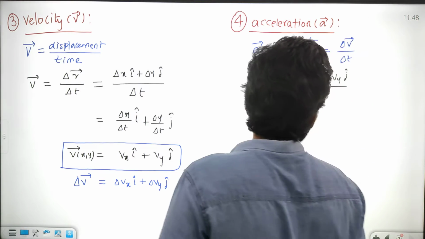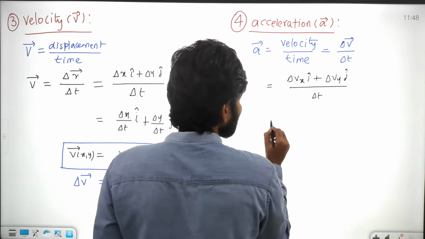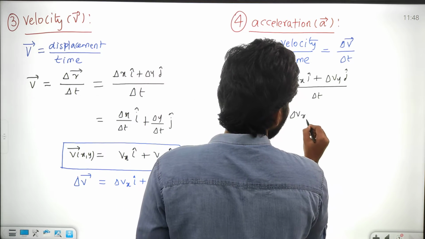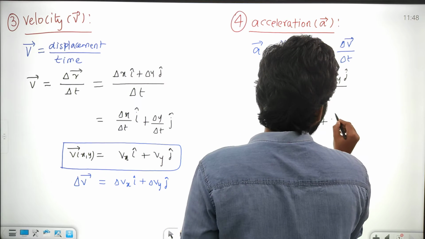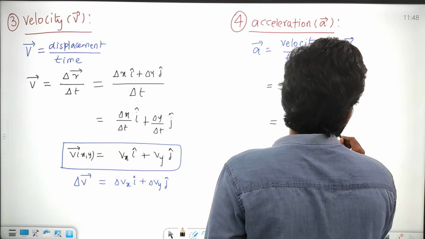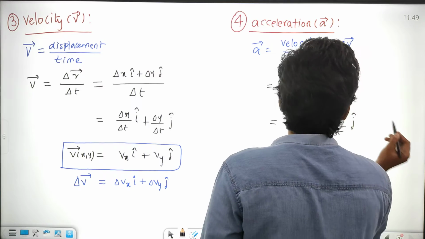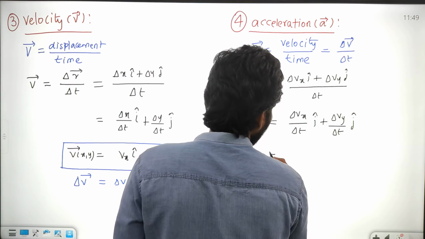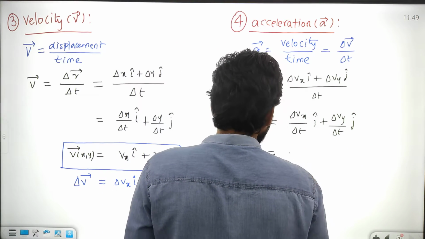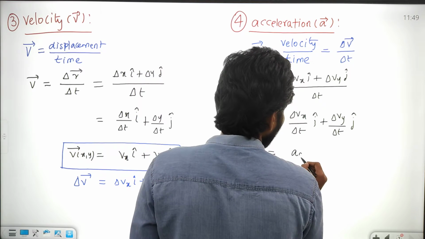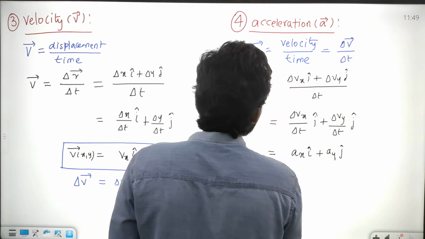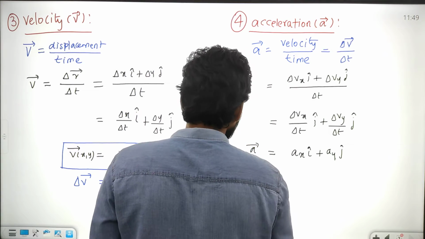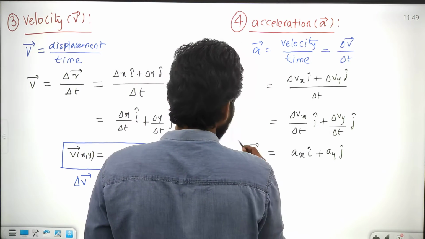Hope you understand, right? So delta vx divided by delta t i cap plus delta vy divided by delta t j cap. Finally, I can take it as acceleration ax i cap plus ay j cap. This is the vector acceleration in 2 dimensions.